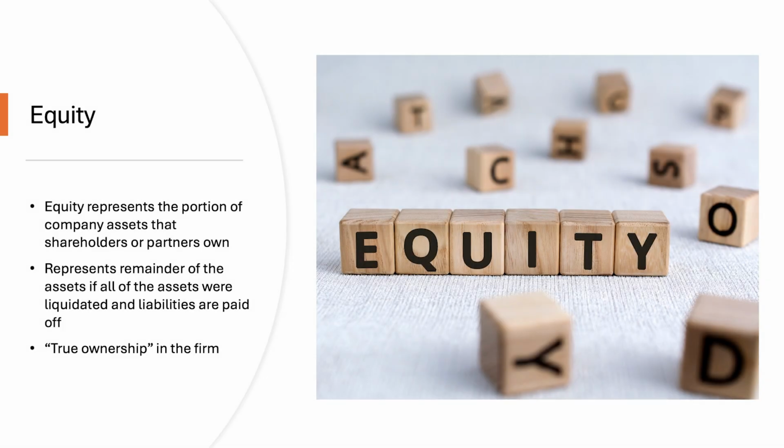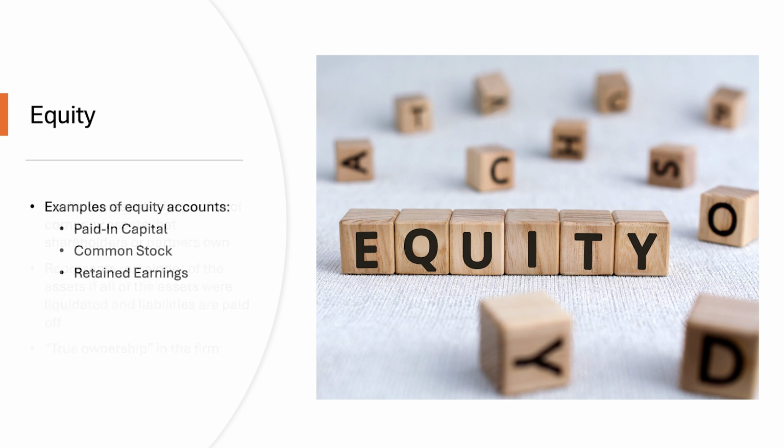Equity represents the owner's stake in the assets after all liabilities are paid. When we measure equity, we can think of this as the true ownership in the firm. Equity can include initial investments, retained earnings, and additional capital contributions. When a firm issues stocks, that gets booked on the balance sheet under the equity account as either paid in capital or common stock.